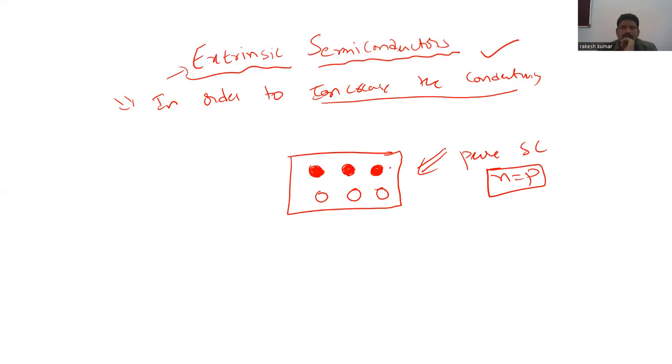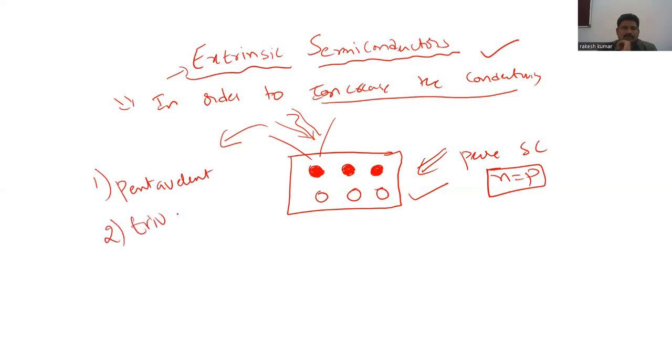In order to increase the conductivity of this semiconductor, I am adding some impurities to this pure semiconductor. Which type of impurities are we going to add? I can add one type of impurity, that is, pentavalent impurities or trivalent impurities.